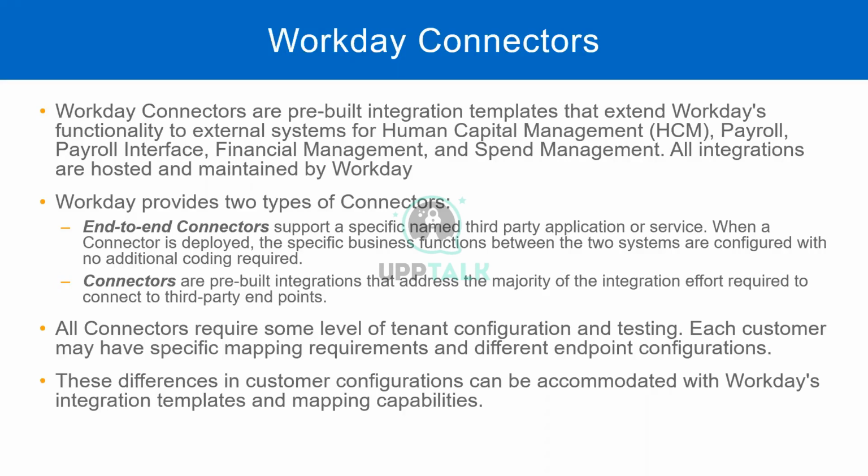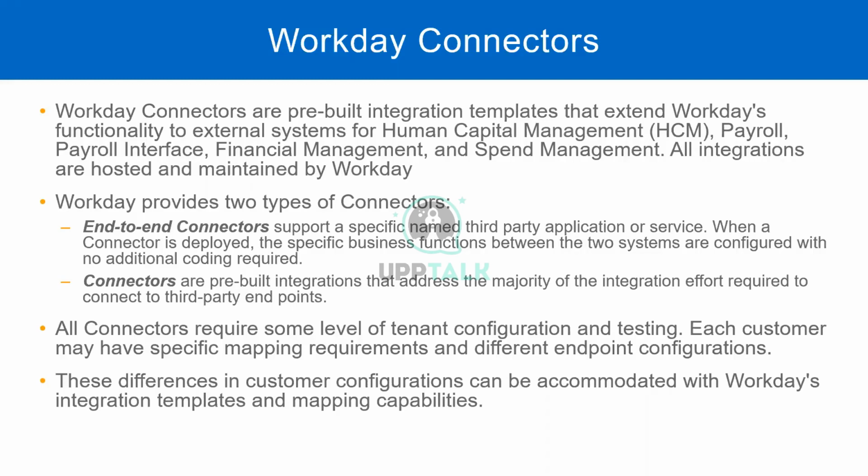Then comes another type of connectors, which is our connectors or the package connectors. Some people also call them Cloud Connect or the core connectors. These connectors are pre-built but not specific to any particular endpoint. They're very generic.